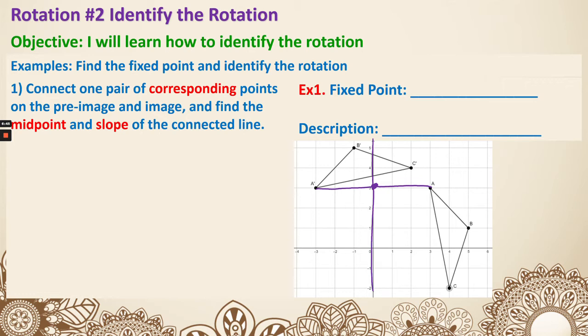Next, let's connect C and C prime. They were actually 6 vertical away, 1, 2, 3, 4, 5, 6 vertical and 2 horizontal away. So the midpoint would be 3 vertical and 1 horizontal away, which is right here. That's the midpoint. And again, you can choose to use the coordinates, the formula, to actually find that. So we are going to identify the slope.